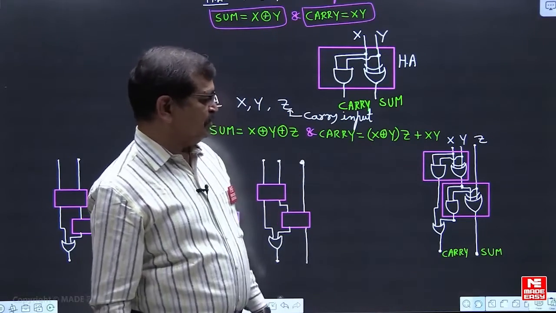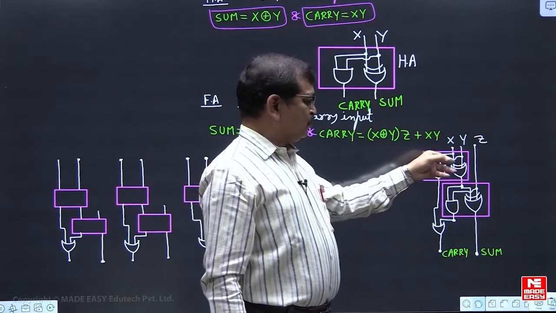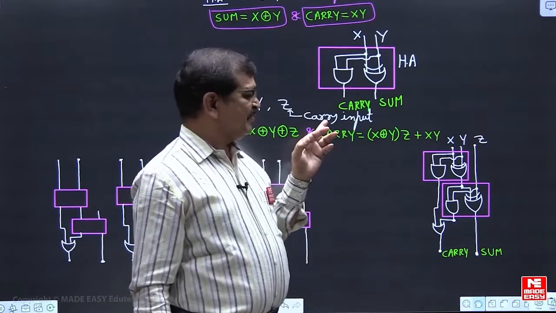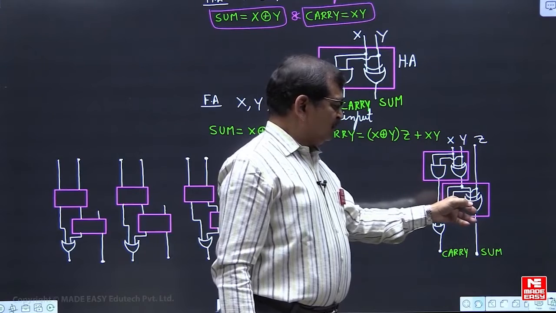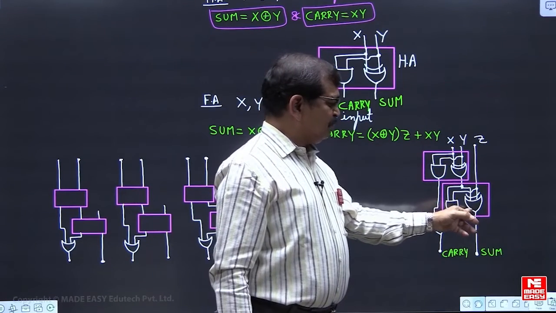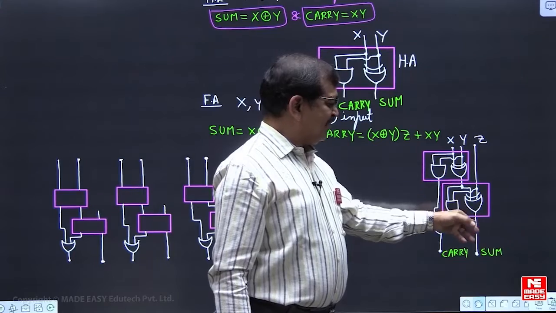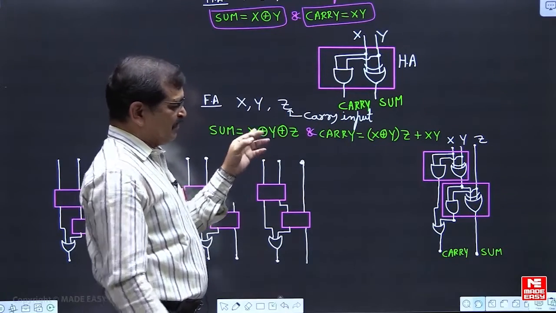So accordingly, x and y are the inputs to this first half adder. This is another half adder. For its inputs, we want the output to be the XOR of x, y, and z.